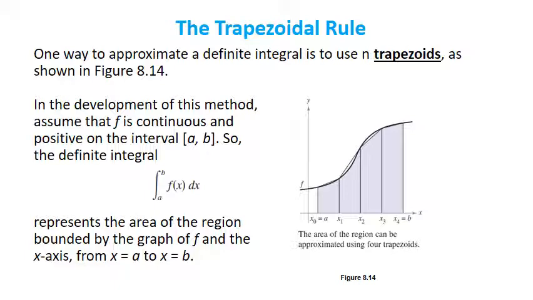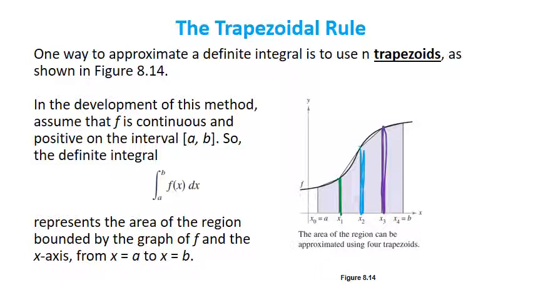And one thing that I want you to notice is that some trapezoids share a side, and that's going to become helpful when we look at this formula for the trapezoidal rule.